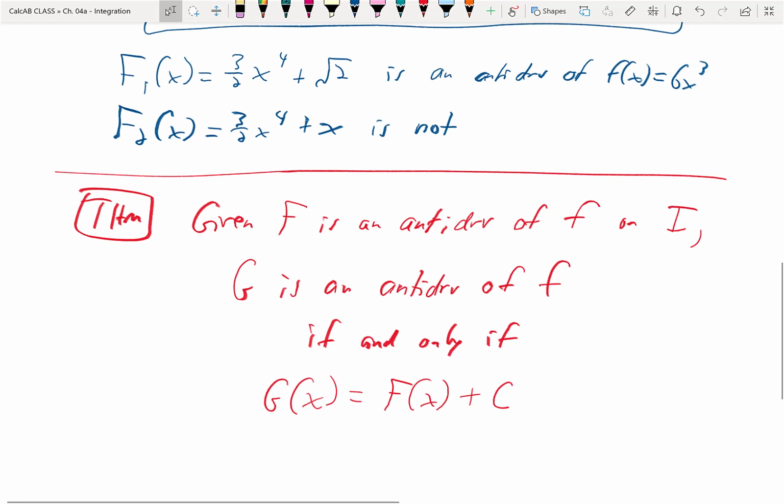What this is saying is quite simply, if you have two antiderivatives of the same function, they differ only by some constant value.